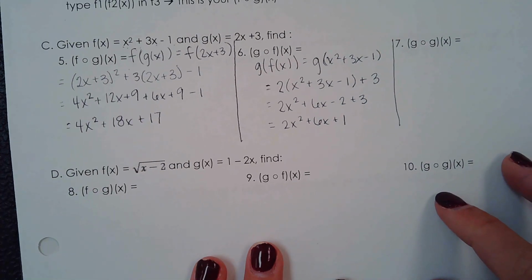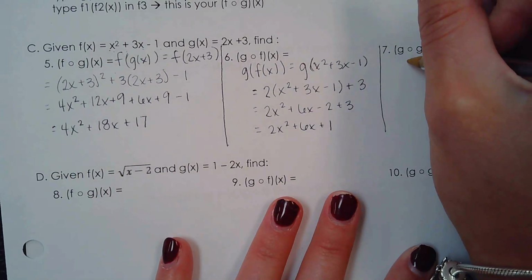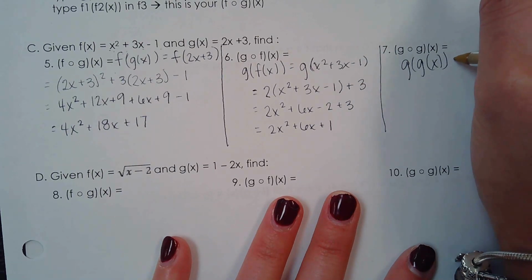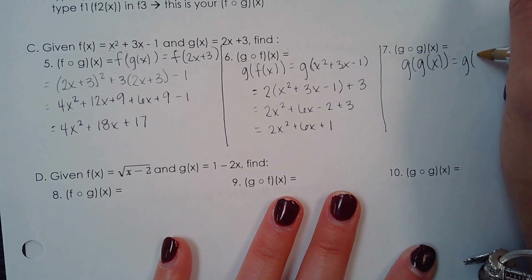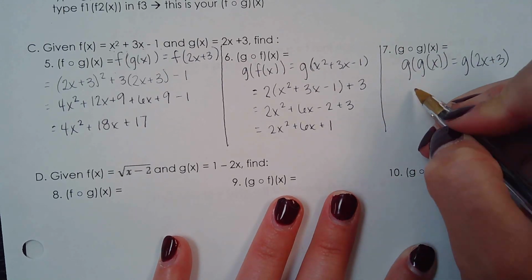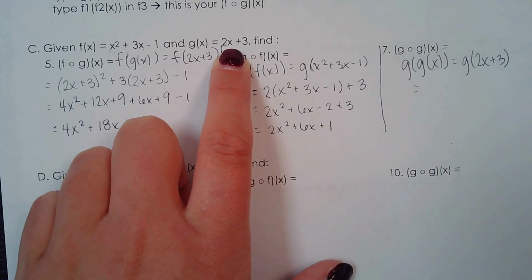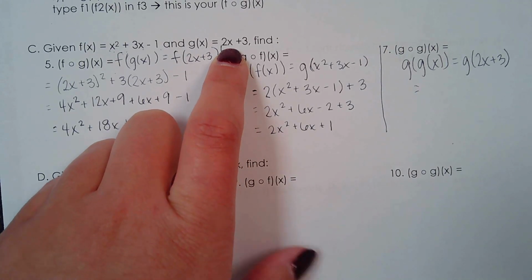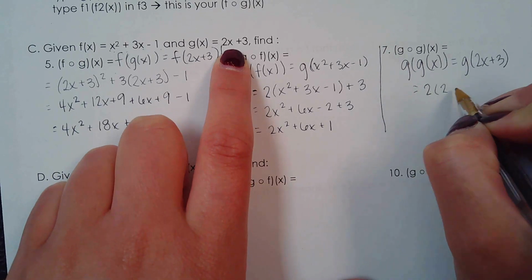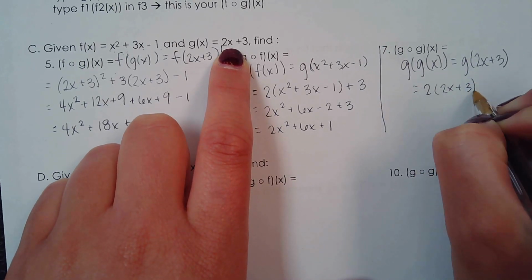So the last one we've got is g of g. I don't know if it's helpful to write all this out again, but I'm going to anyway. So everywhere that we've got an x in the 2x plus 3, we're going to plug in another 2x plus 3. So we'll have 2 times 2x plus 3, plus 3.